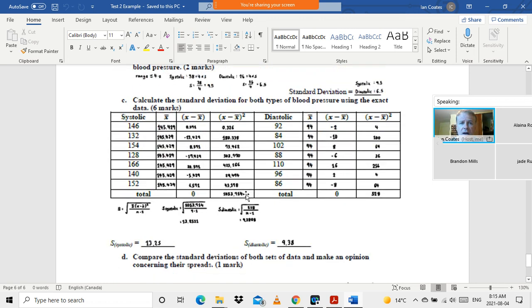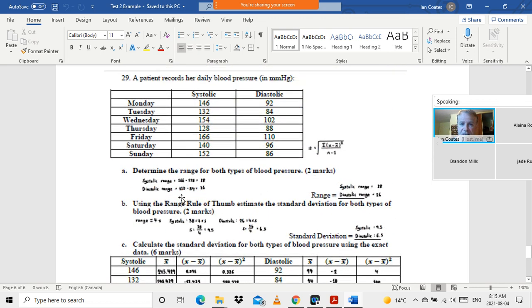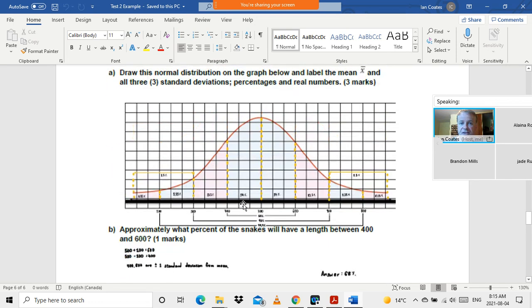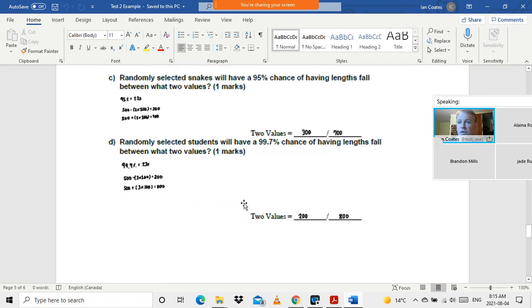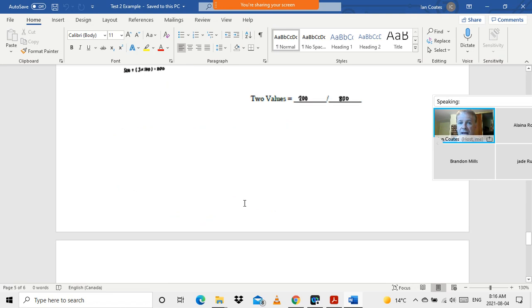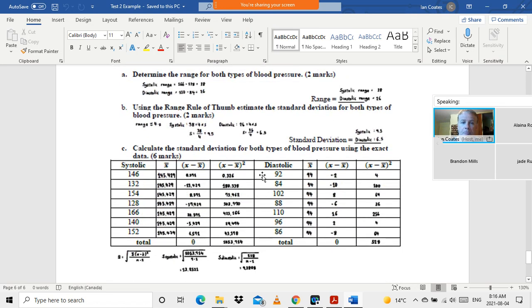Then I asked you to actually calculate the standard deviation. This you will have to carry through. This page and this page are the direction that we're going. Have a look at this and find out where you made your mistake.